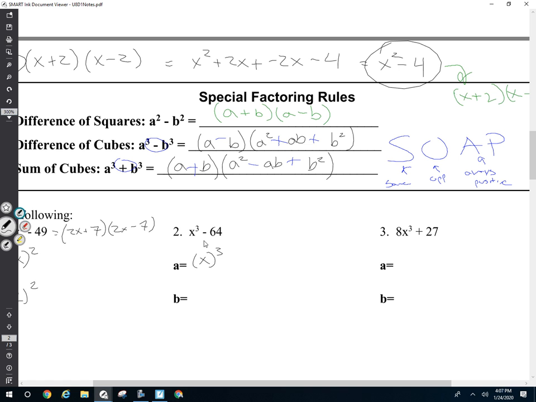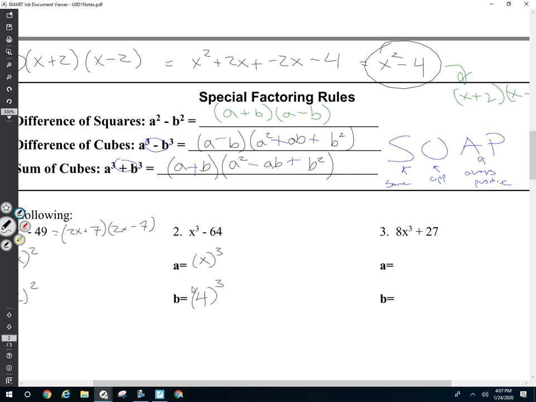X cubed is x cubed. What cubed is 64? 8 squared is 64, but that's good. 2 times 2 times 2 is 8. 4 times 4 is 16. 16 times 4 is 64. 4 cubed is 64.